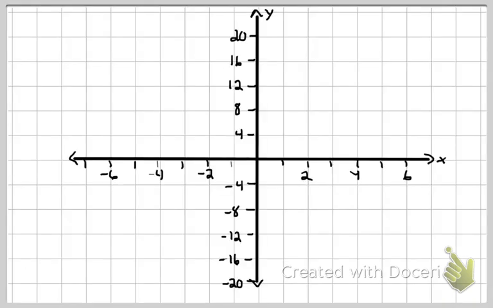So now let's go ahead and graph our points here. We know we have a point of inflection at (1, -1). What I've done here is my x-axis goes up by 1s, and my y-axis is actually increasing by 4s. So I have the point (1, -1) here.